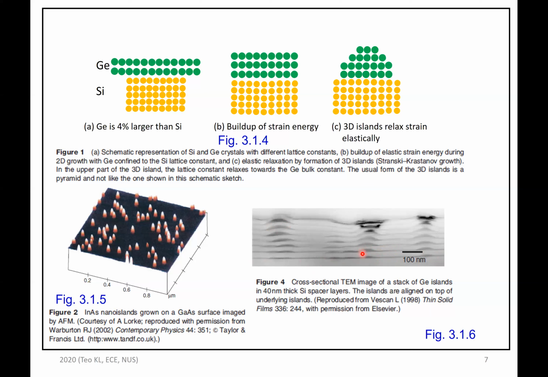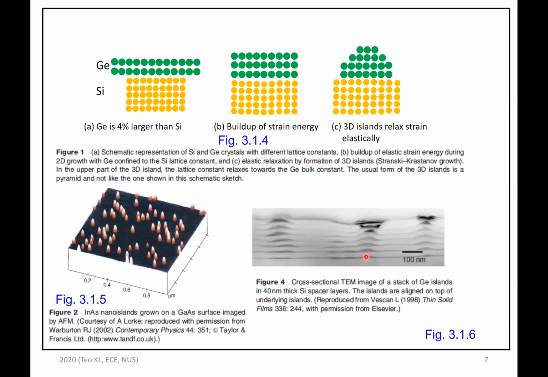So I alternate between silicon, germanium, silicon, germanium. So the germanium islands can be aligned on top of the underlying islands. And such an exotic material can be used even in optoelectronics devices.